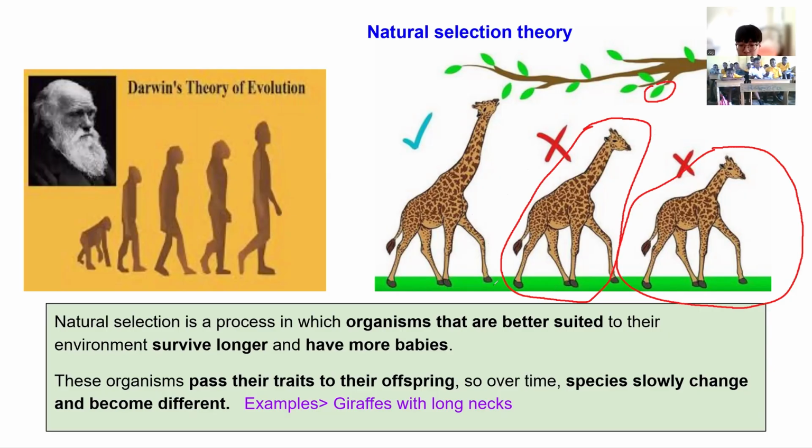So as time passed, giraffes evolved to have a long neck to reach the tall plants, so they can eat the leaves on the tall tree. So that was Darwin's theory of evolution, the basics, the natural selection theory by Charles Darwin.